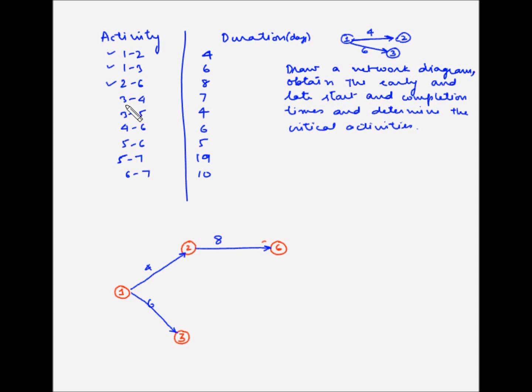So let's first draw 3 to 4. So we'll draw 4 here, and this is the activity which has a duration of 7 days. So we have completed 3 to 4.